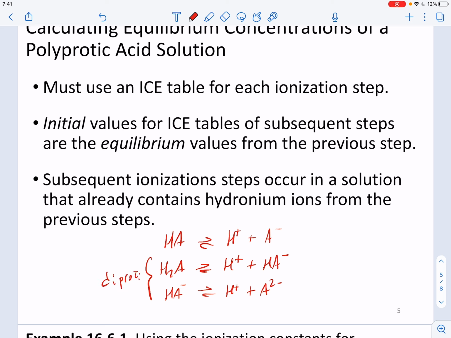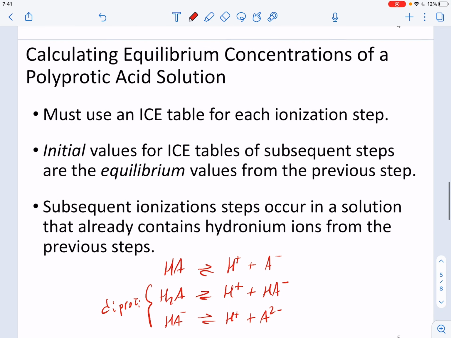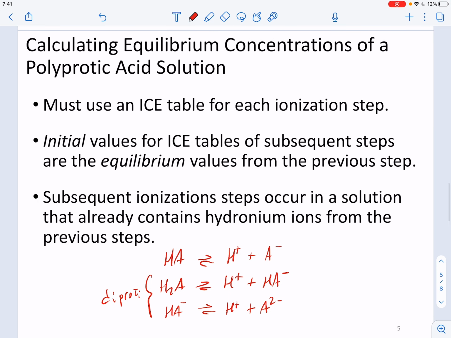Okay? Now, when you're calculating equilibrium concentrations for a polyprotic acid, you will use as many ICE tables as steps you have in that acid, as many protons as you have in that acid. So if you have 3 steps, you are looking at 3 ICE tables.